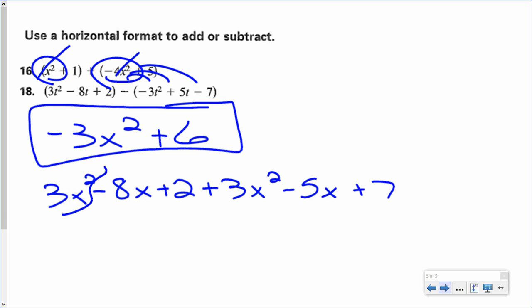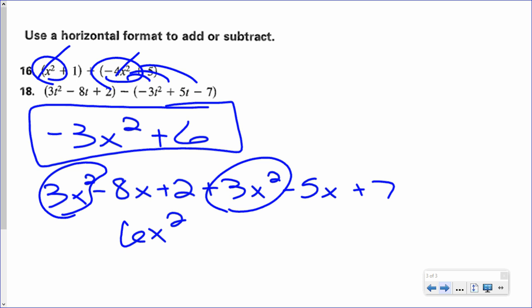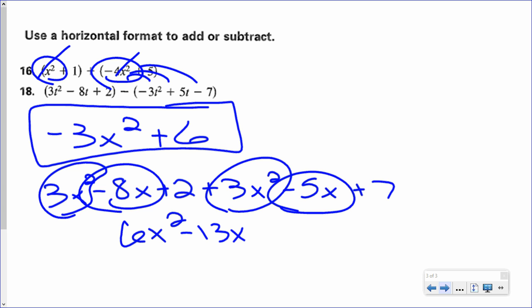Putting like terms together, 3x squared with 3x squared is 6x squared. A minus 8 with a minus 5x is a minus 13x. And 2 with 7 is 9.